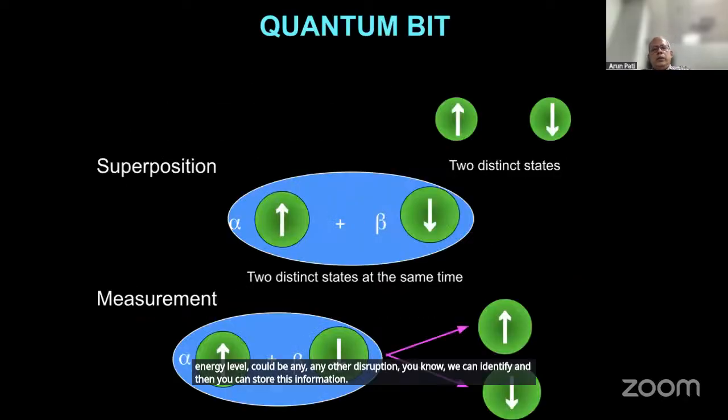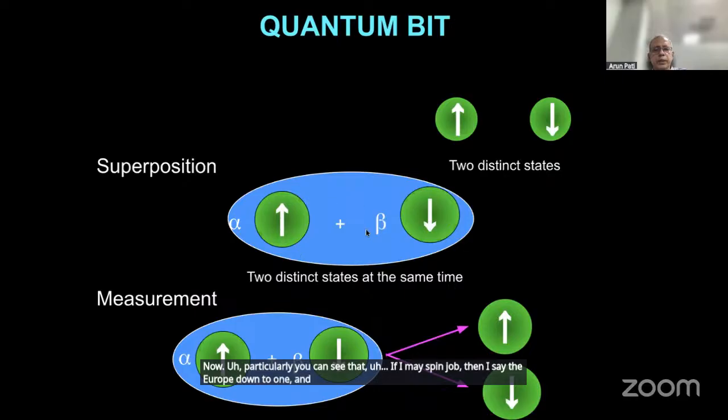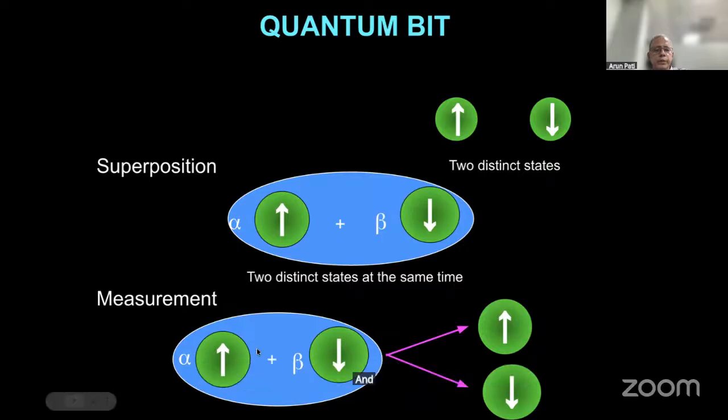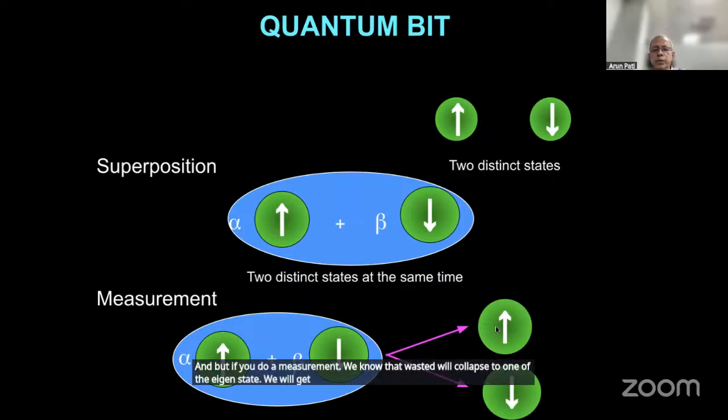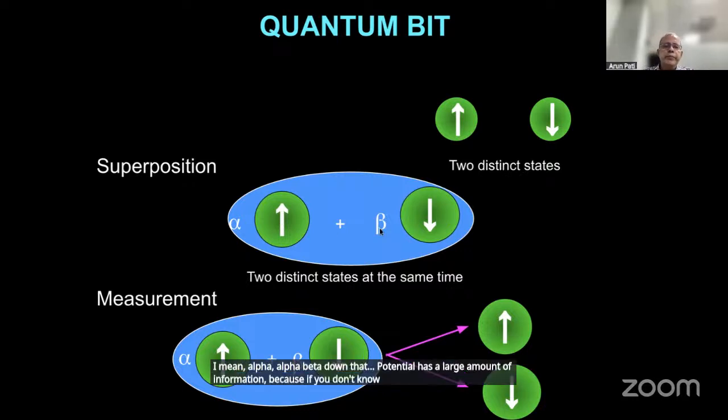Now, pictorially, if the spin is up, then I say it is 0, if down it is 1. And this is basically a state which looks like a superposition state, both alpha up plus beta down. But if you do a measurement, we know that your state will collapse to one of the eigenstates. You will get only two distinct outcomes. So you see a quantum bit, which is truly a superposition alpha up plus beta down, potentially has a large amount of information, because alpha and beta are complex numbers.